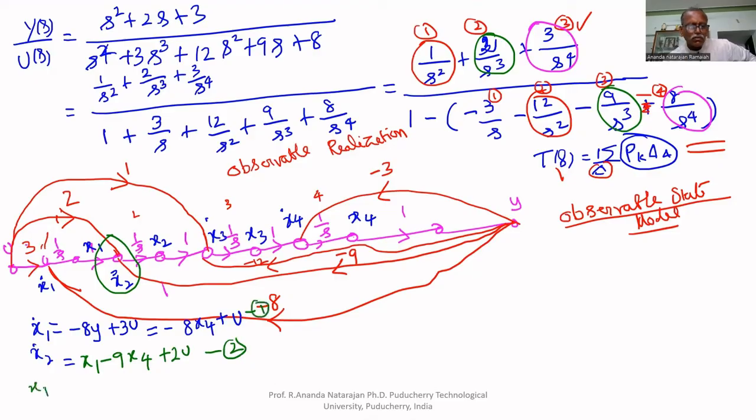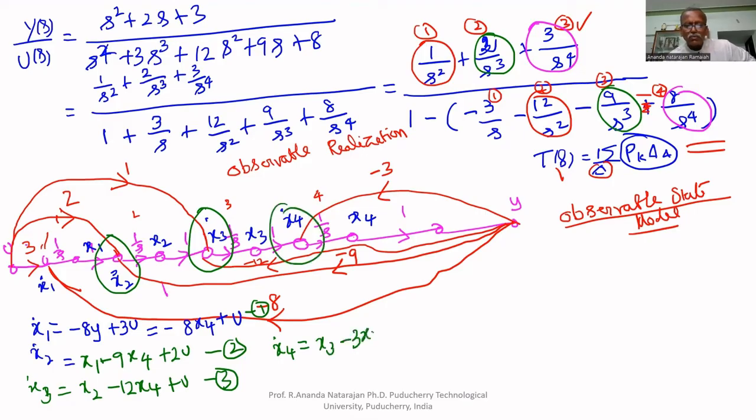Then x3 dot: you have to consider this junction. How many inputs? 3 inputs. One is x2, another is minus 12y, that is x4, then 1 times u. That's all. This is the third equation. What is x4 dot? Only 2 inputs. That is x3, one input, and another input is minus 3y, minus 3 x4.